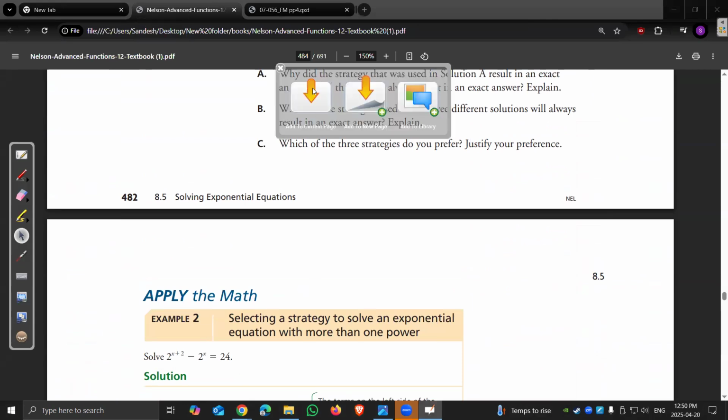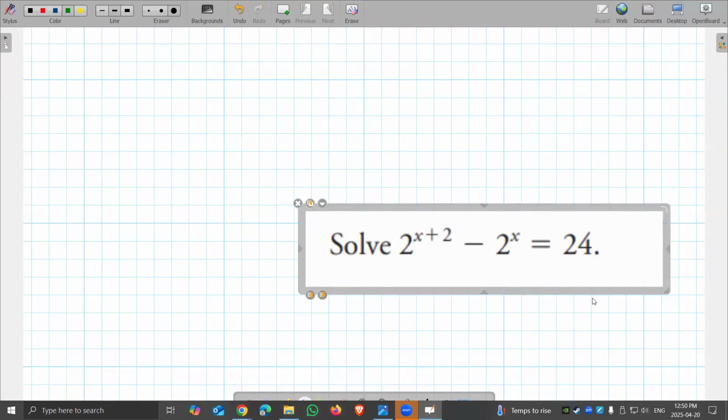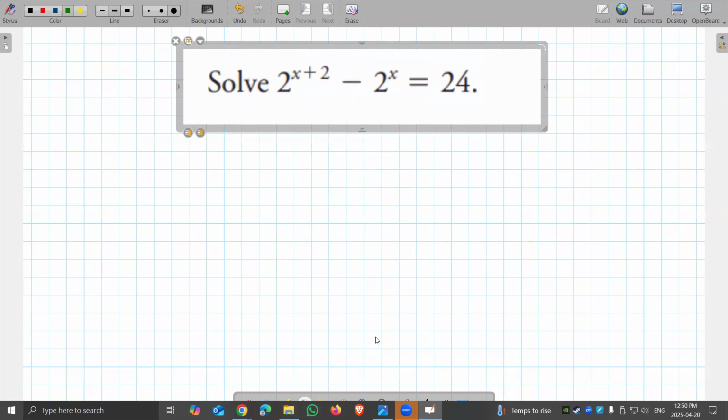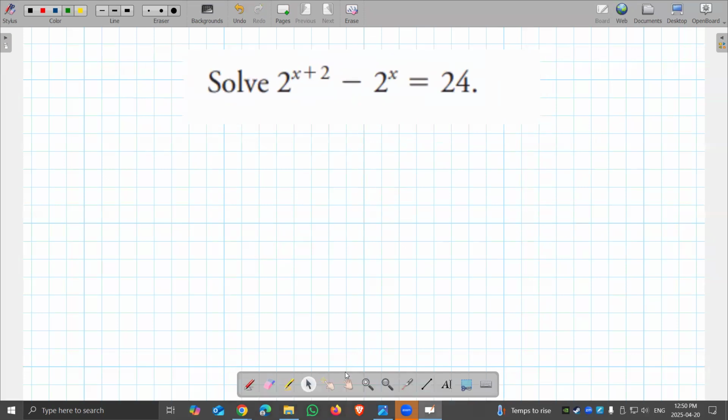Let's look at this. What type of equation do we have? Exponential equations. How do you solve exponential equations? Two ways. Either you take logs on both sides or you make sure both sides have the same base.